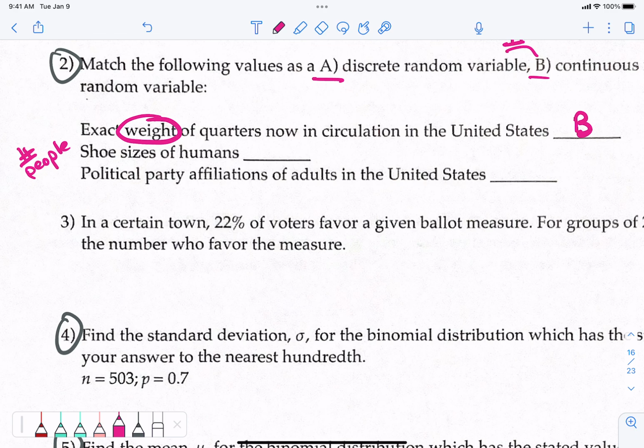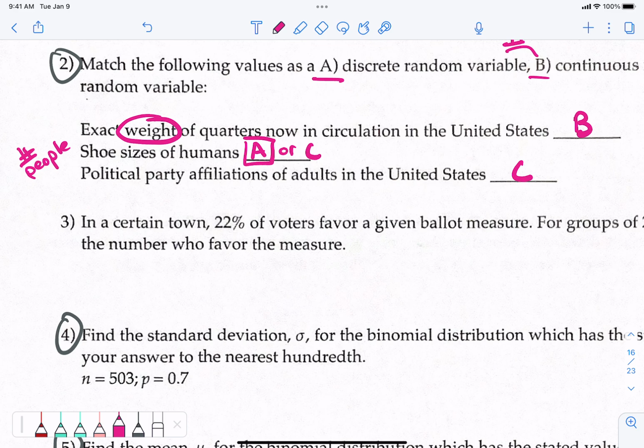If I gave you that on the test, I would probably take A or C. We put C for the next one, because that's definitely C. But I could see how somebody would argue C, because shoe size is kind of a category, even though it's a number.